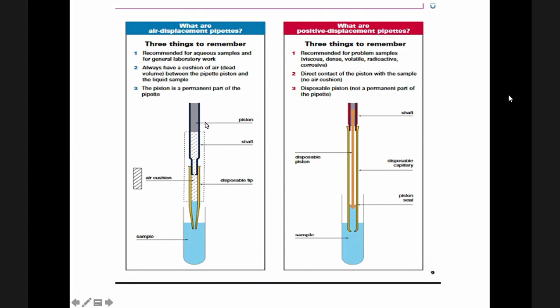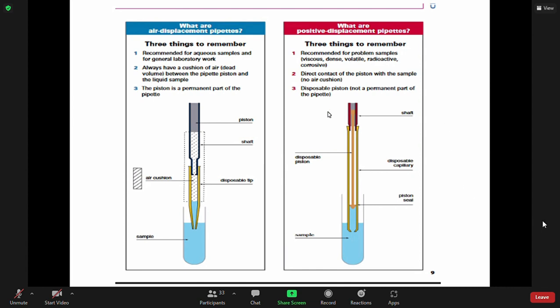Now we go to the positive displacement pipettes. Three things to remember: recommended for problem samples like viscous, dense, volatile, radioactive, and corrosives; direct contact of the piston with the sample because it has no air cushion; and a disposable piston. The piston is replaceable for this kind of pipette.